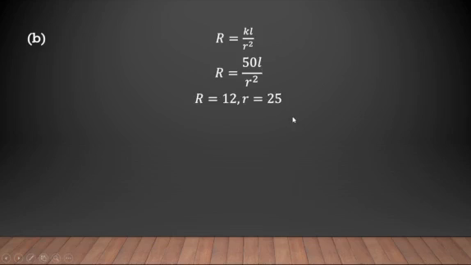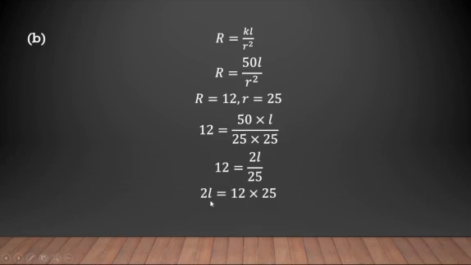So just substitute. You have 12 is equal to 50 times L over 25 times 25. Don't forget, it is the L that we are asked to find. So you have 12 is equal to 2L over 25.